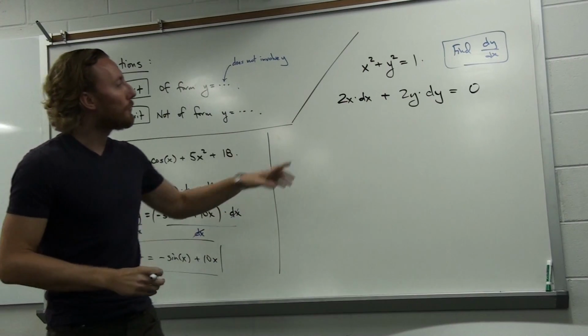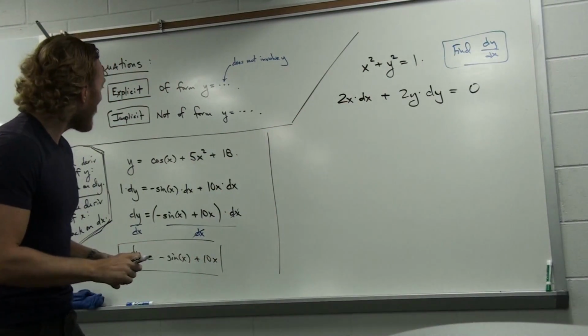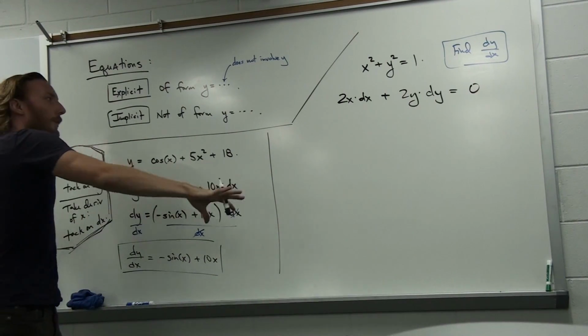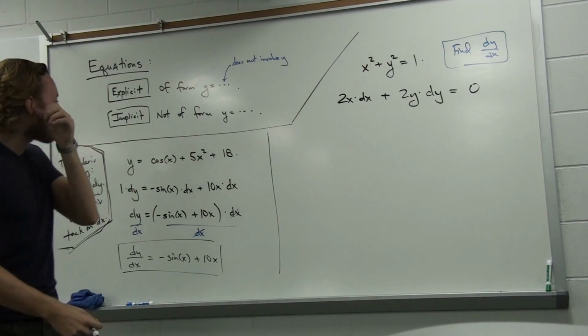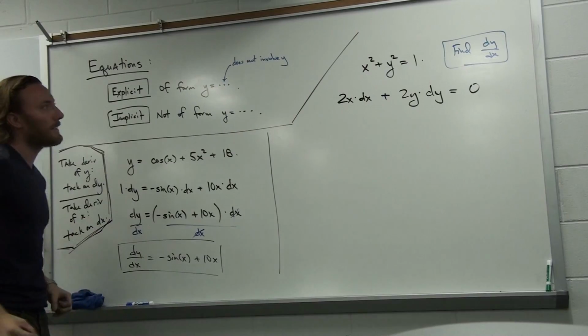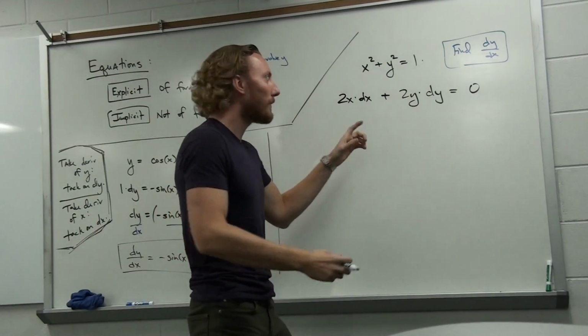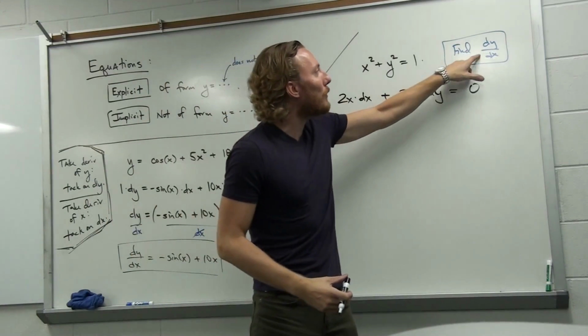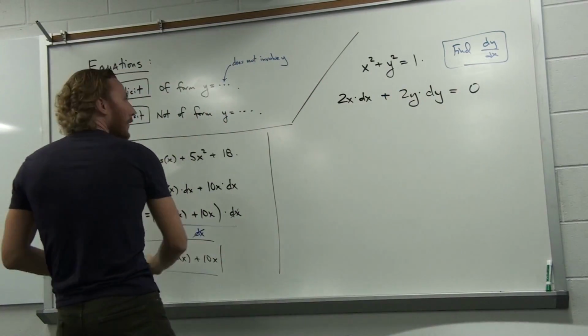And now, you look at this expression, and unlike the previous expression, where we had all the dy's on one side and all the dx's on the other, and it was easier to see how we could get dy over dx, in this expression, we've got dx's and dy's on the same side. So you ask, how are we going to get this dy over dx?